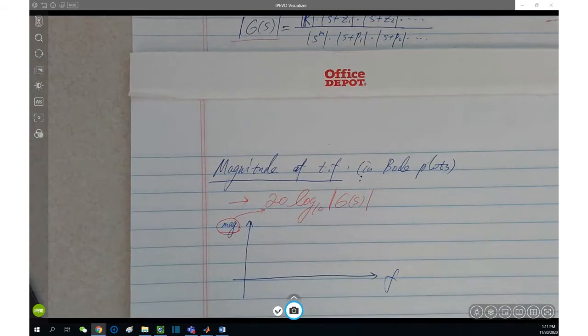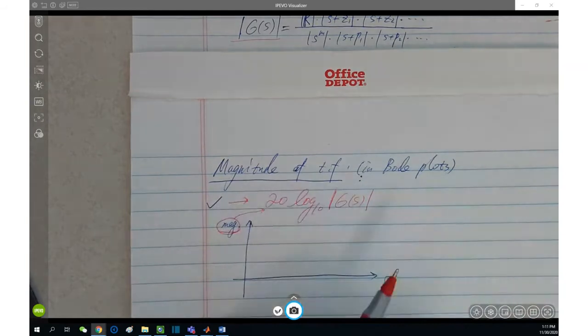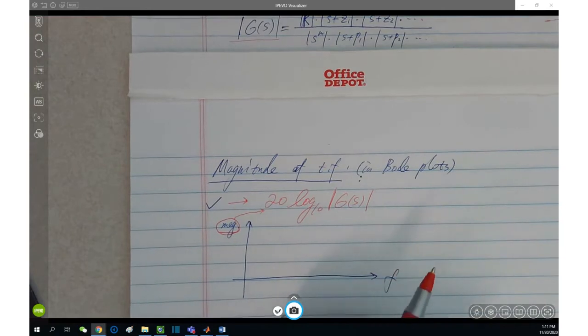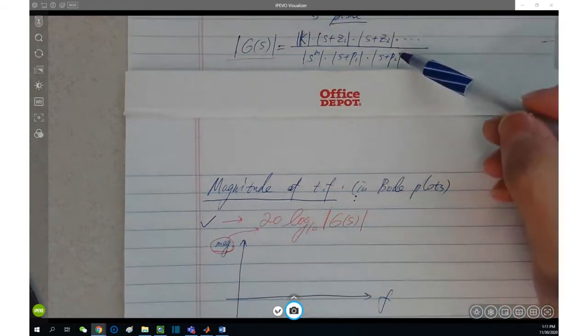This is the first bullet. The second bullet is, what does it equal to? 20 log 10 of the magnitude of the transfer function, what is this magnitude equal to?